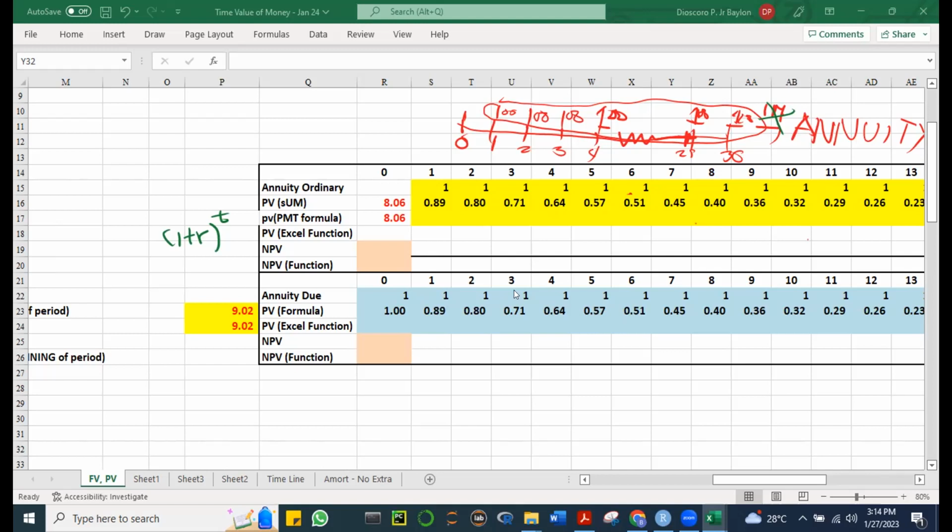Okay. About the others, did you also get 9.02? Using the fact that this is an annuity, we can make use of the PMT input there in the formula.